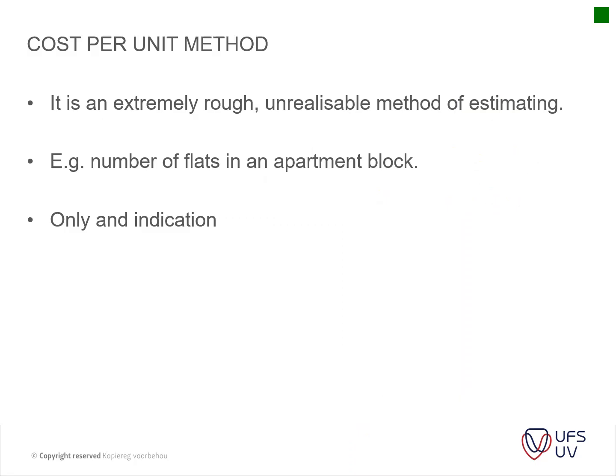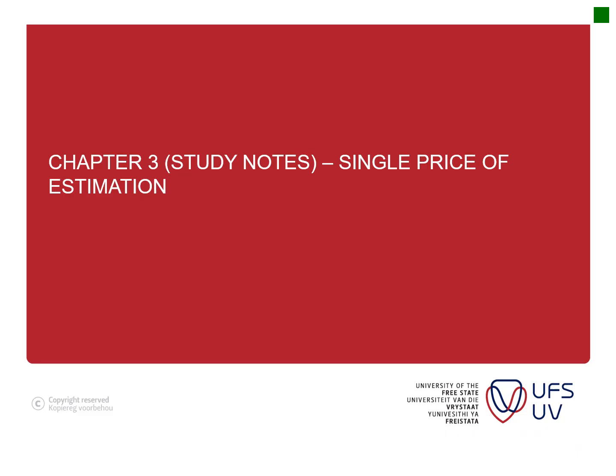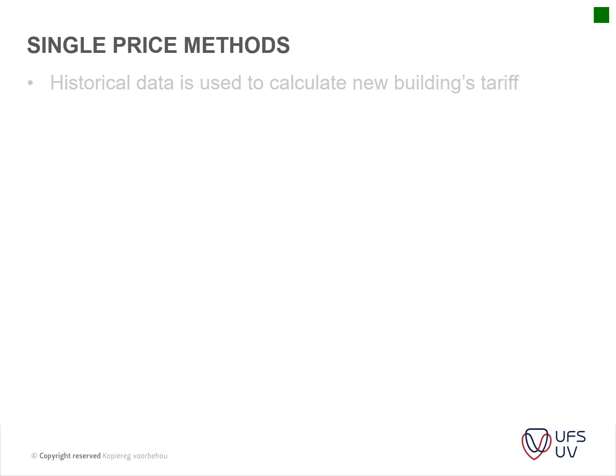Then cost per unit method. I'm just going to run through this. You've got your square meter method. Most of you should be able to get the idea from the theory bit on this, because the example that I've posted a video on actually contains most of the explanation of how to use or calculate the single price method.